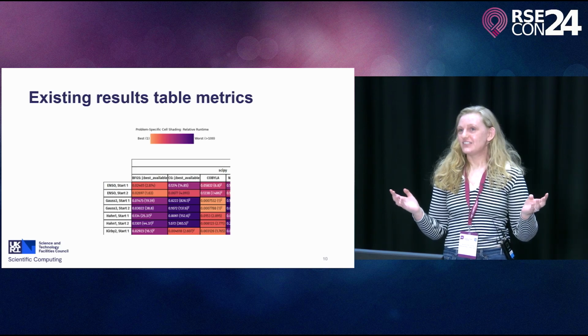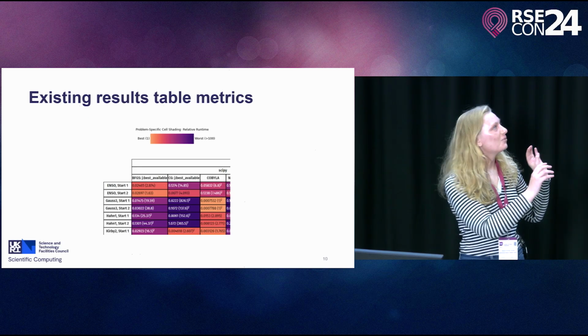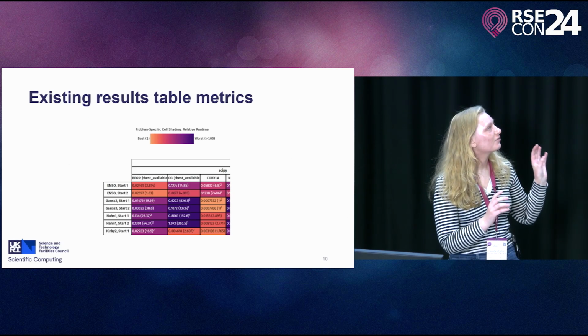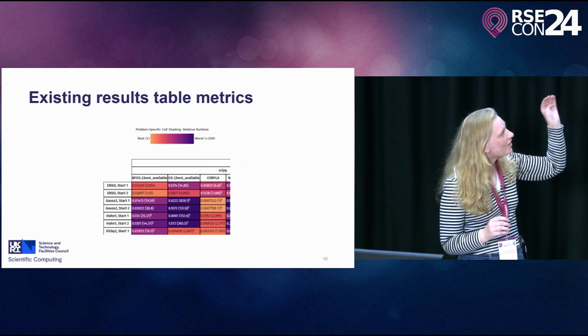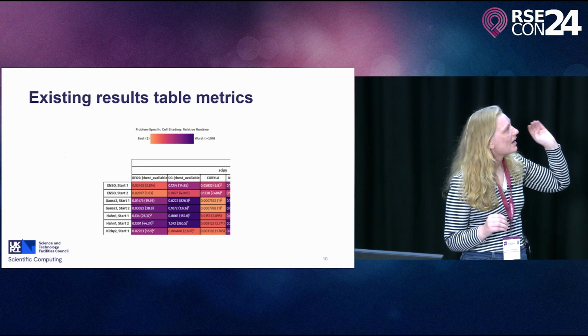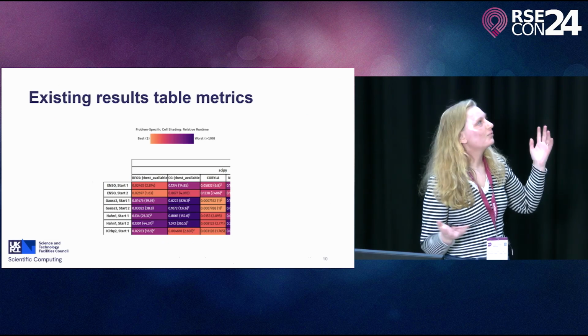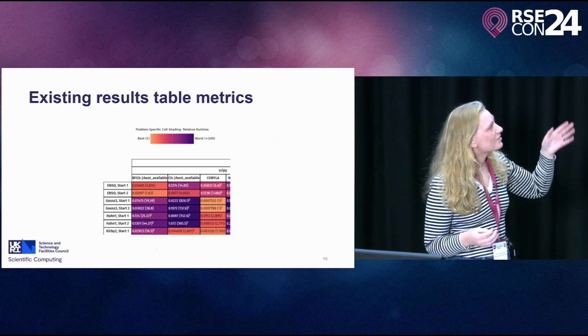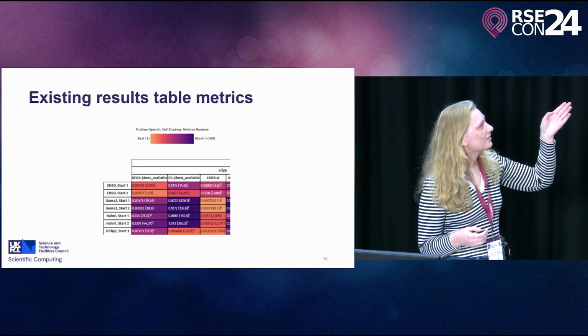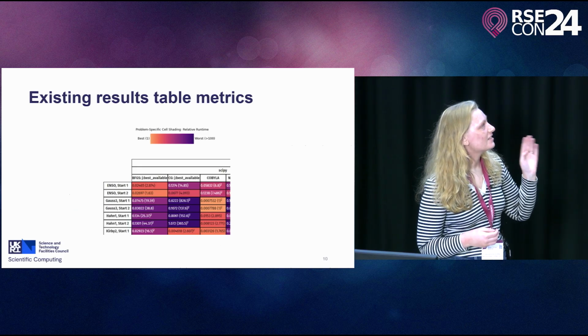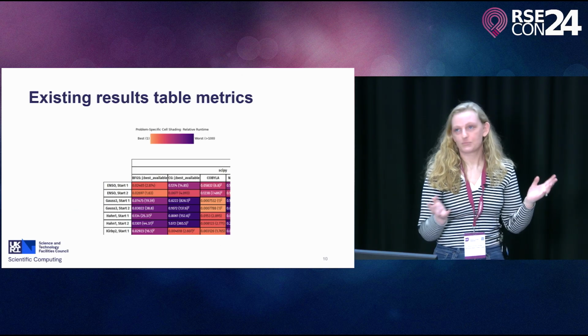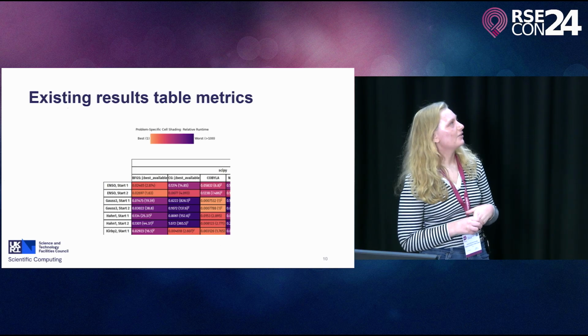The idea is that you can quite easily pick out which minimizers are performing well for your problems. Each of the rows in the table is a different problem, and each of the columns represents a different minimizer. So for example, if you're interested in getting something that runs really quickly, you might discount CG as a minimizer for this problem set, because it is running quite slowly compared to the other ones.